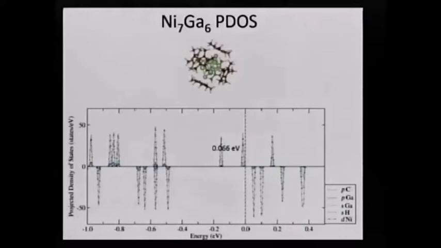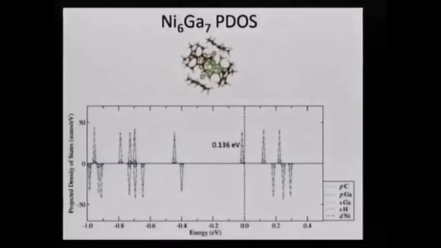So we have already started some calculations about hydrogen molecule adsorption, comparing the same site of adsorption for nickel 7 gallium 6 and nickel 6 gallium 7. These calculations are almost finished, but not yet. We can probably discuss it today in the morning.